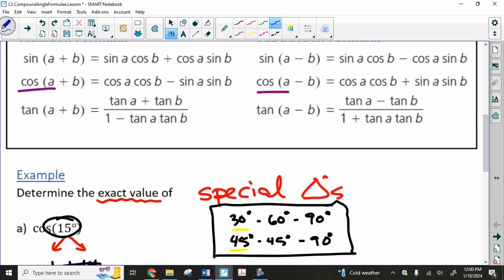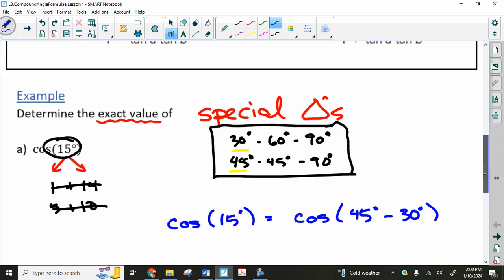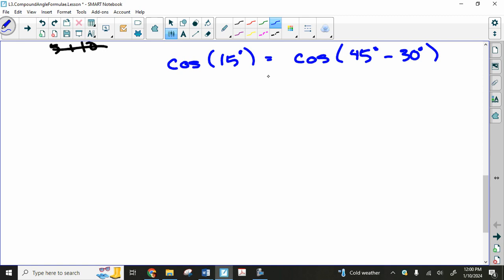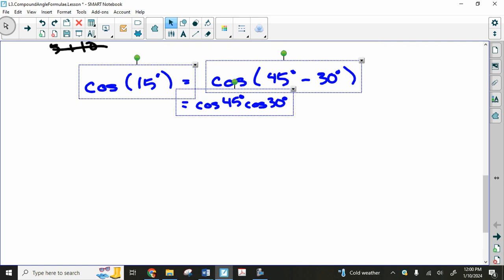Now, we just replace the A with our first value and the B with our second value, and we write out this equation. So cos A, cos B, sine A, sine B, and it's a plus even when it's a minus. So cos A, cos B, I don't have enough room, so I'll move it over there.